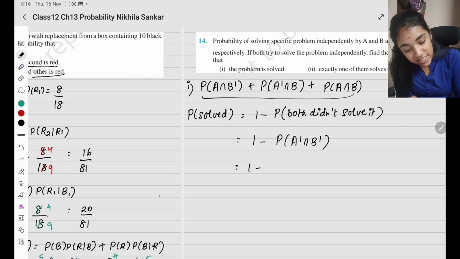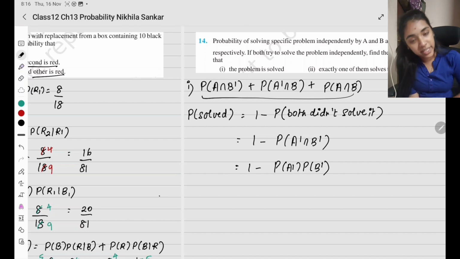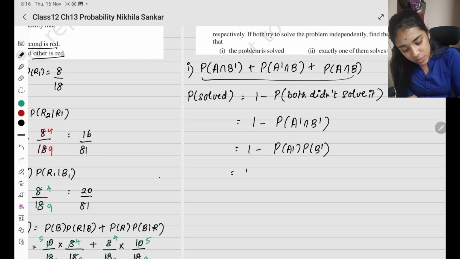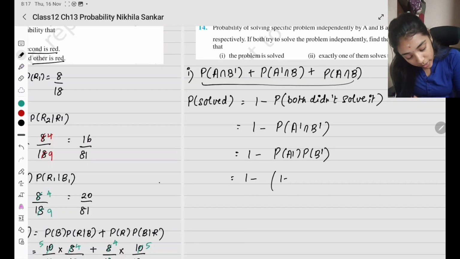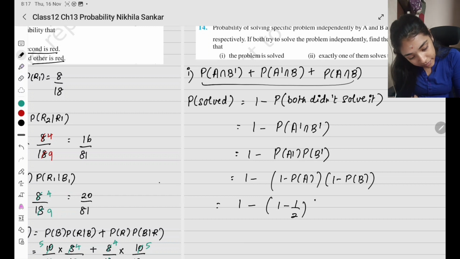So this is going to be 1 minus, they are independent events. If A and B are independent, A dash and B dash are also independent. So this is going to be probability of A dash times probability of B dash. Okay, probability of A dash is going to be 1 minus probability of A, and probability of B dash is going to be 1 minus probability of B. This is 1 minus half times 1 minus 1 by 3.